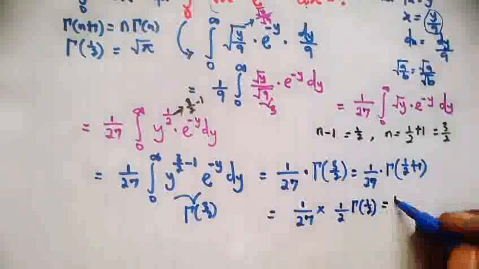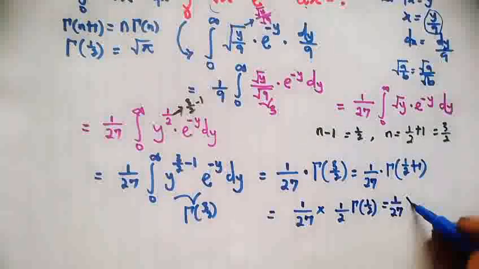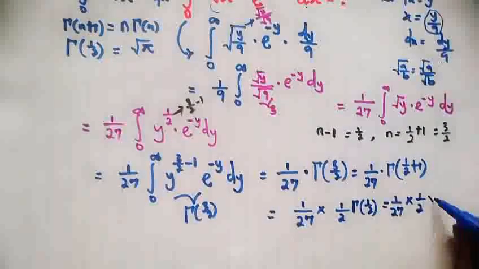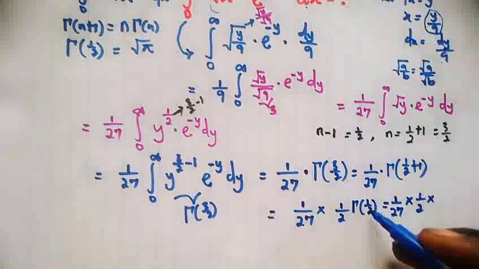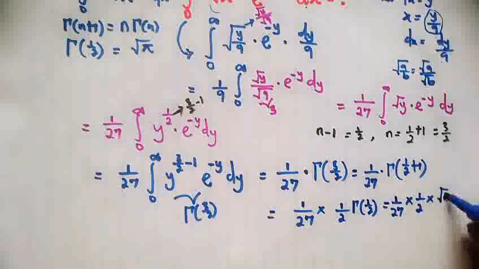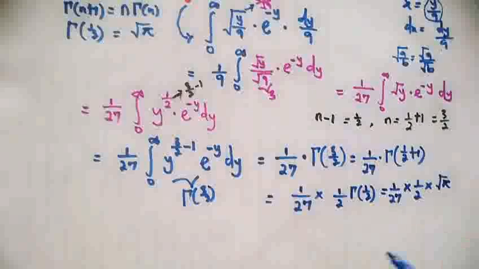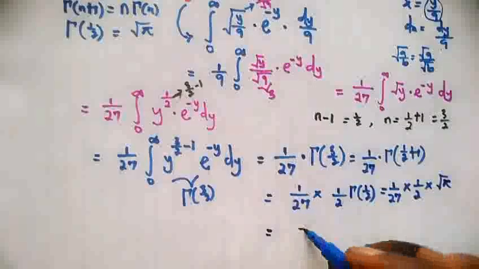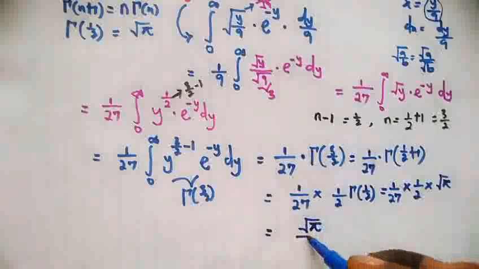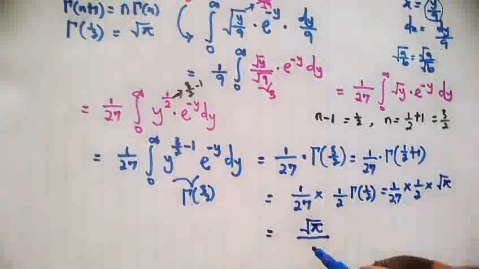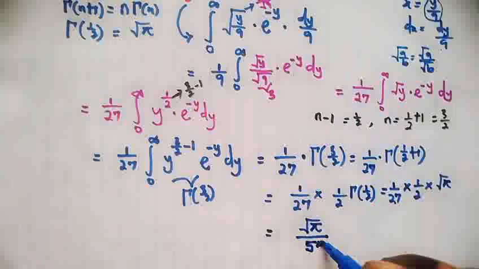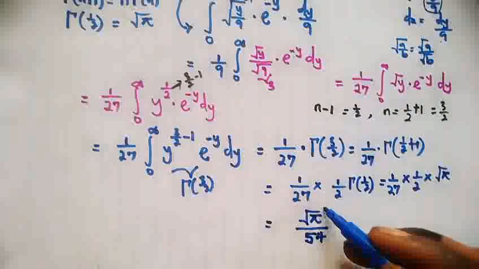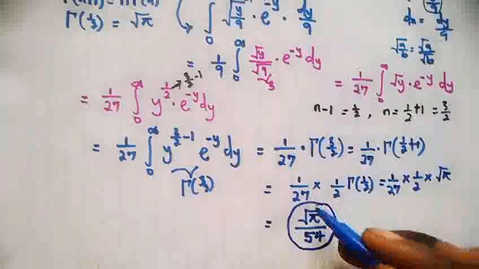And this is equal to 1 over 27 times 1 over 2 times the gamma of 1 over 2, which is square root of pi. And this simplifies to the square root of pi all over 27 times 2, that is 54, and this is the right answer to the problem.